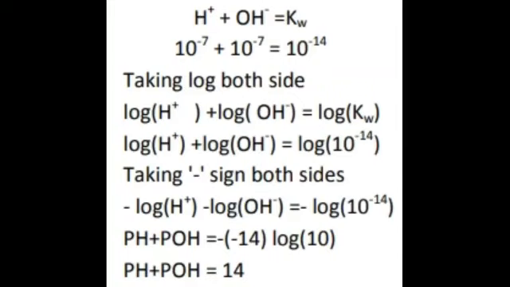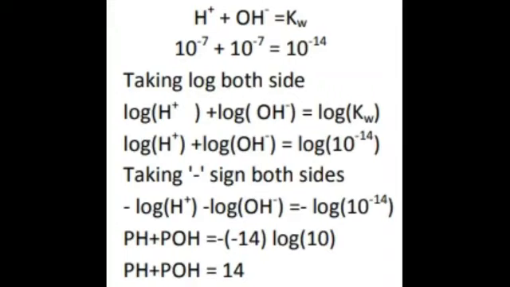The Kw equation shows that Kw is equal to 1.0 into 10 raised to minus 14 at 25 degrees Celsius. Hence we can write concentration of H+ into concentration of OH- ion is equal to 1.0 into 10 raised to minus 14 at 25 degrees Celsius.